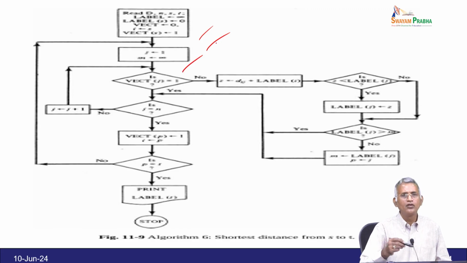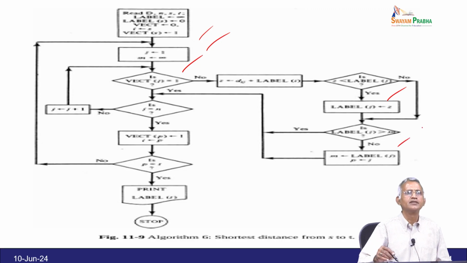If you say no, then Z equal to Dij, which is label of I, and if you say further proceed, is Z less than the label of J? If you say no, then stop. If you say yes, label of J equal to Z. Is label of I greater than Z? If no, then label of I tends to P equal to I.